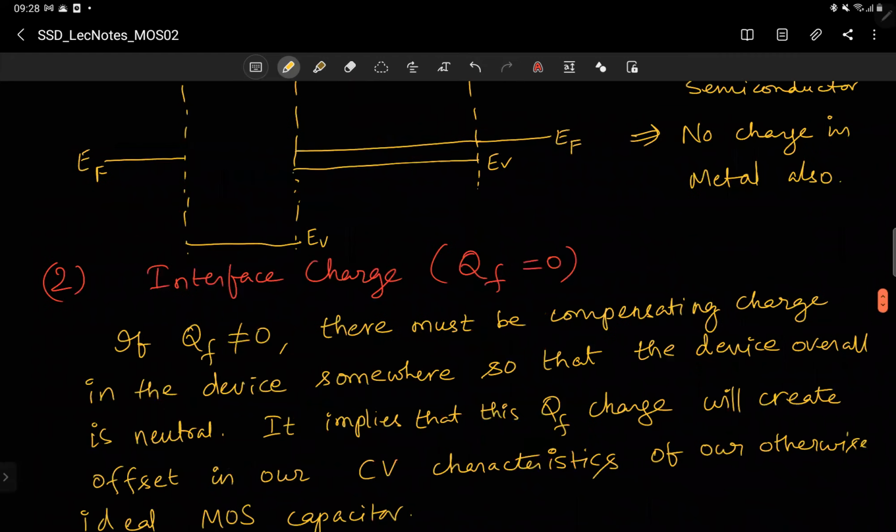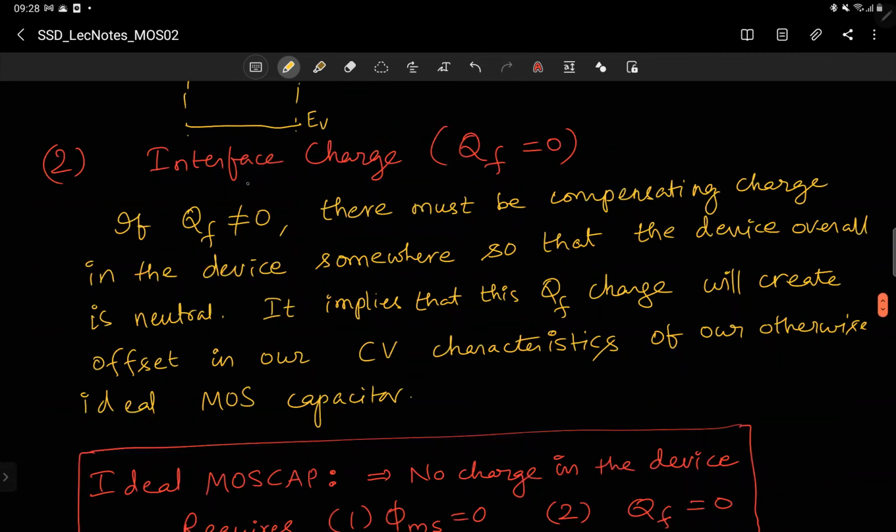And then the next thing that is required is interface charge QF equal to 0. If QF is not equal to 0, then there must be compensating charge somewhere in the device so that the device overall is neutral. You cannot fabricate a MOS device and then say there is already some charge inside.